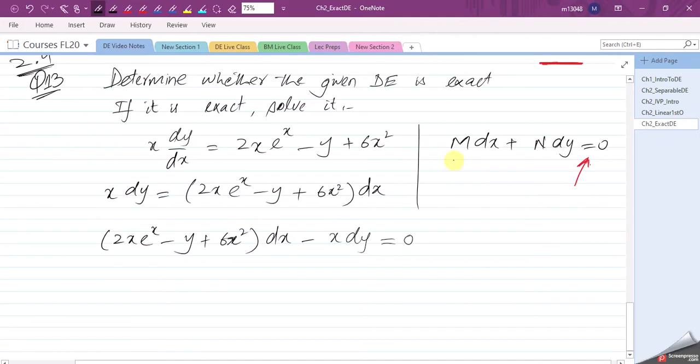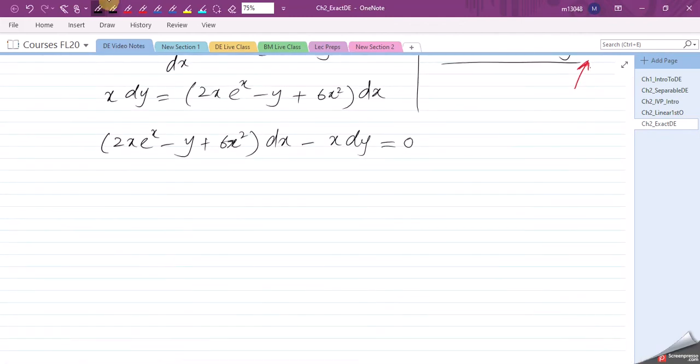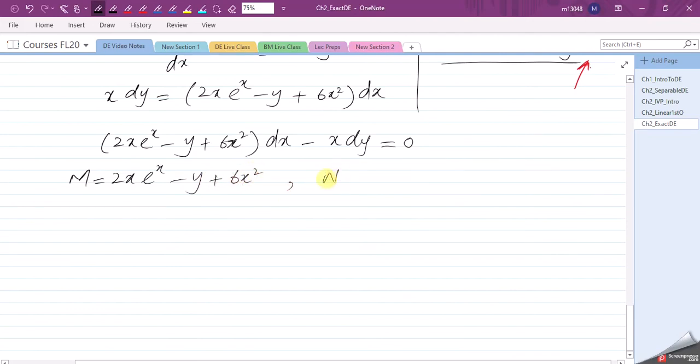Now we have the form M dx plus N dy equals 0. So our M is 2x e power x minus y plus 6x squared, and N is minus x. Do not forget this minus, please.